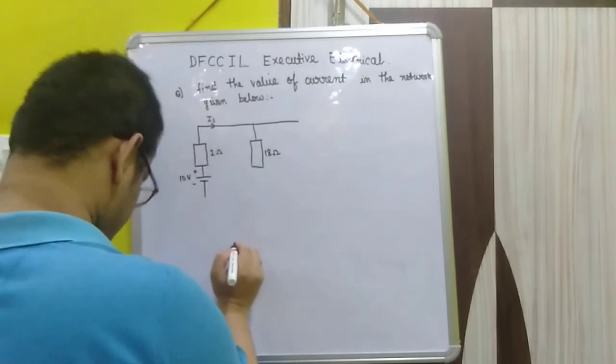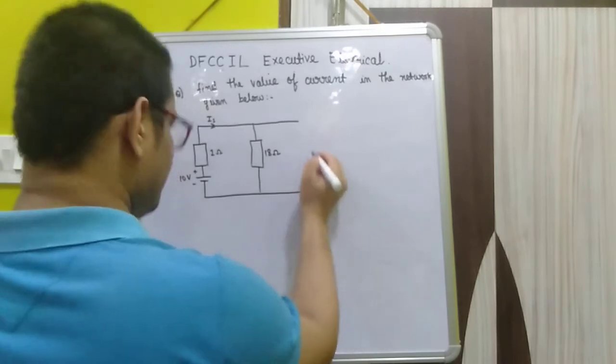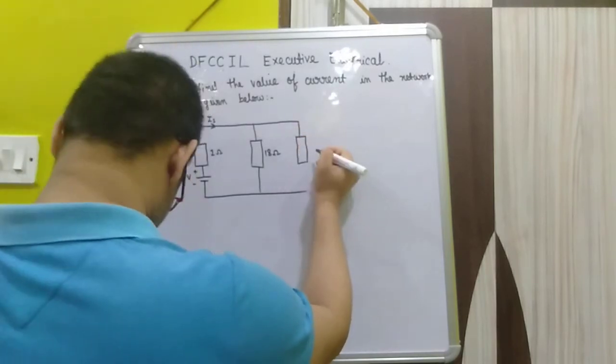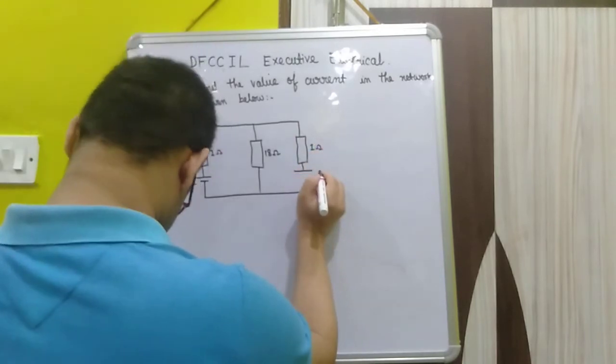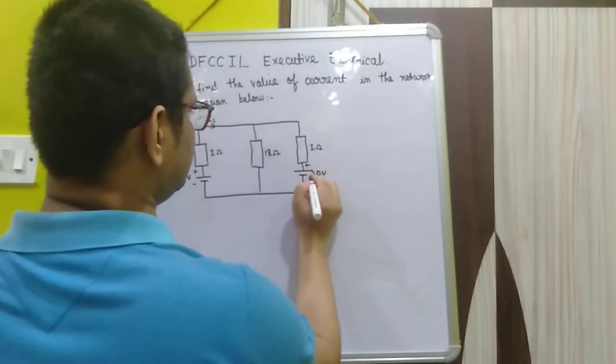Then we take another resistance, and here is another voltage source, 20 volt, plus minus.